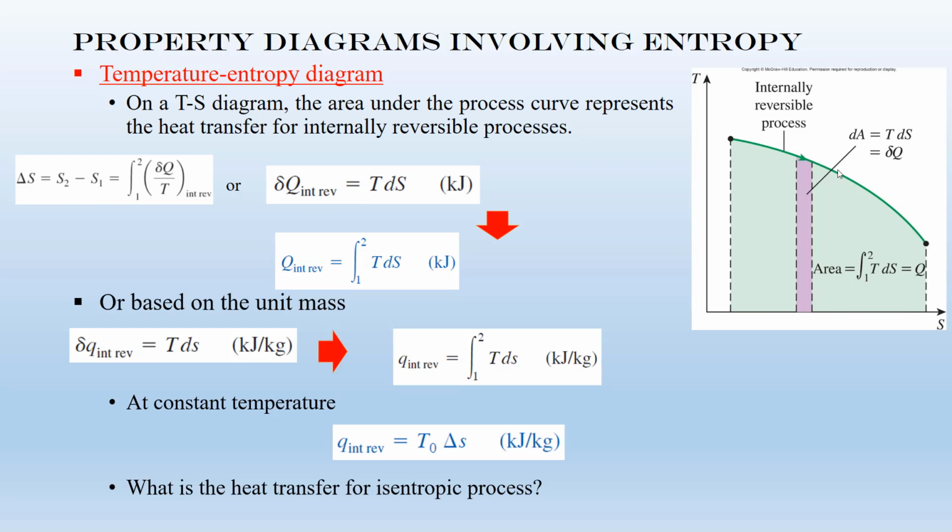And this is actually the definition for the isentropic process. If you remember in my previous lecture, the last slide, I explained that isentropic processes are processes with constant S, S1 equals S2. These processes have two main specifications. The first one is that they are internally reversible, and the second one is that they are adiabatic processes.